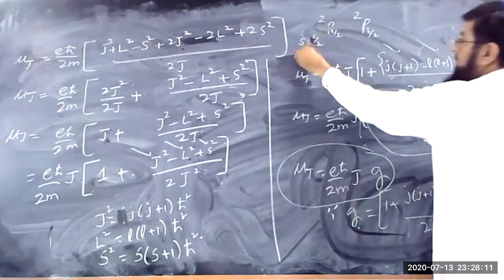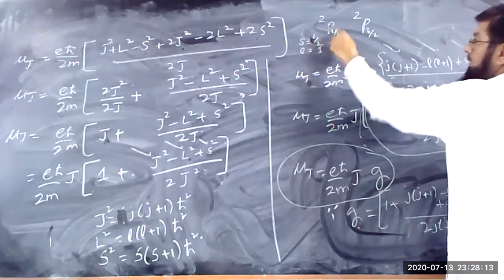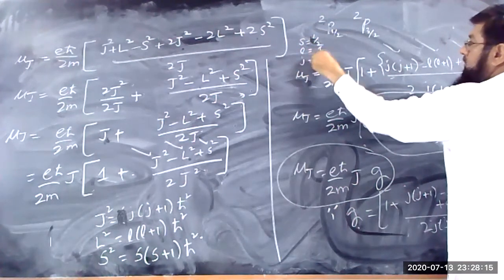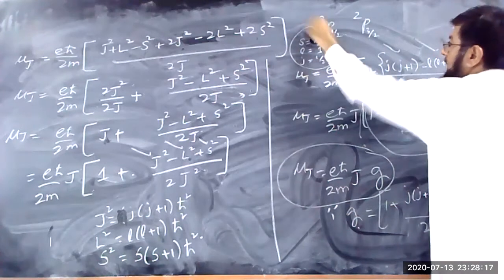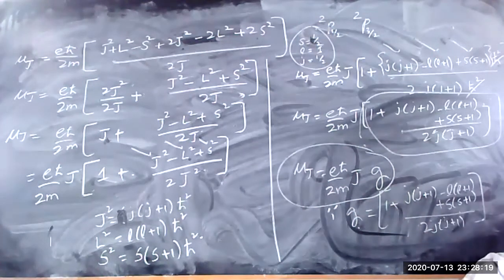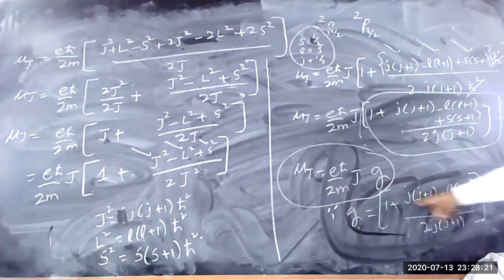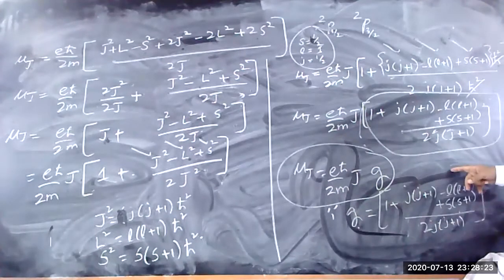This is a P level, so L is equal to 1. This is J is equal to 1 by 2. So these are the values S, L and J. If you substitute these values, you will get the G value.